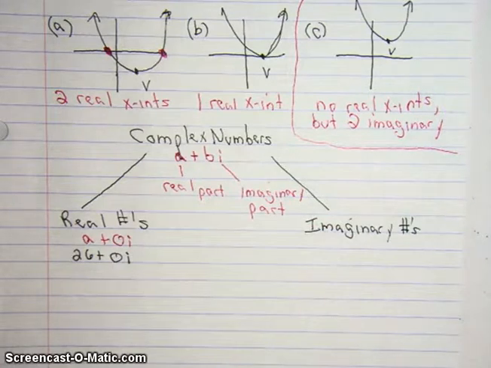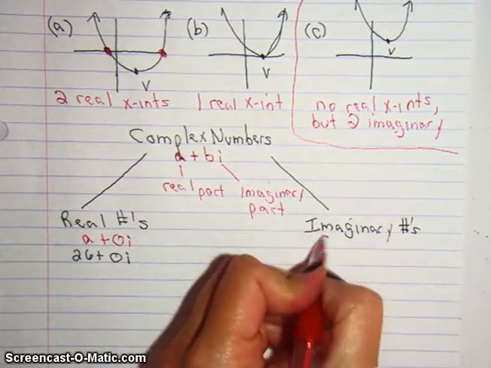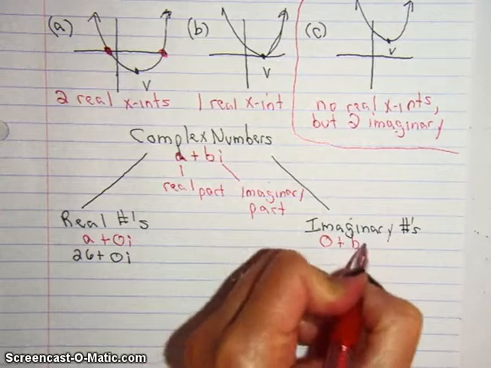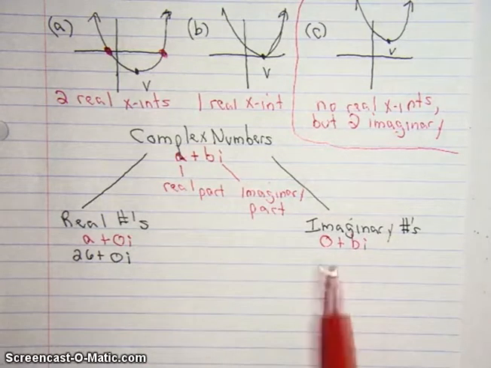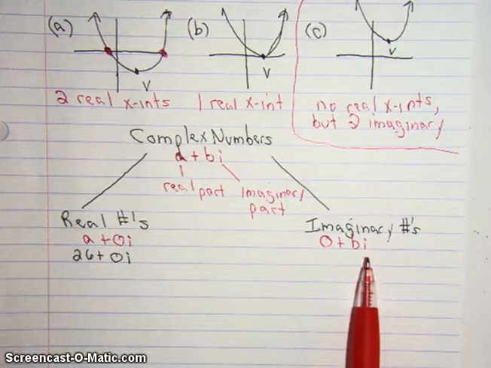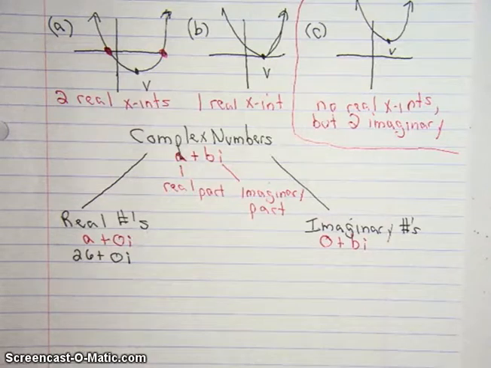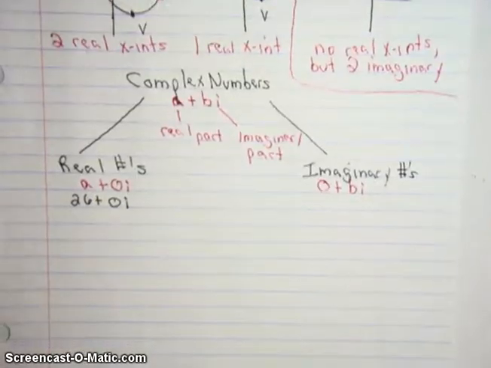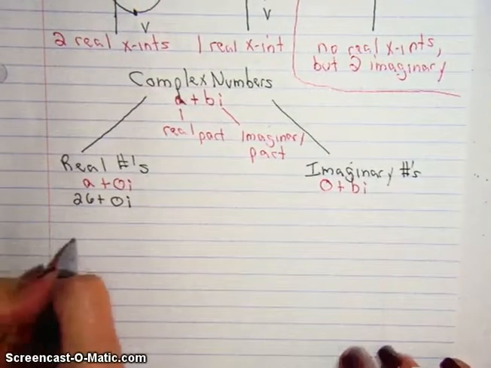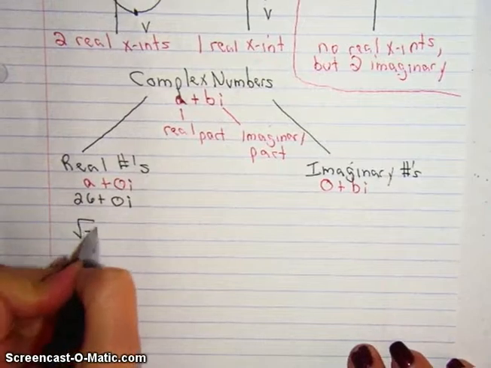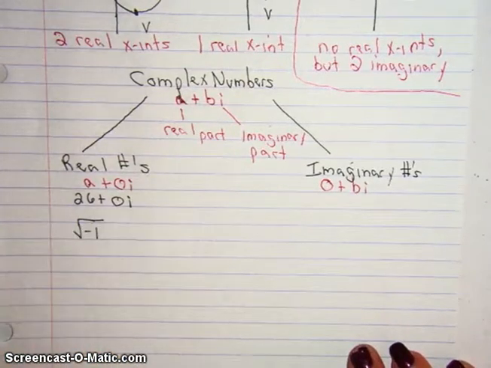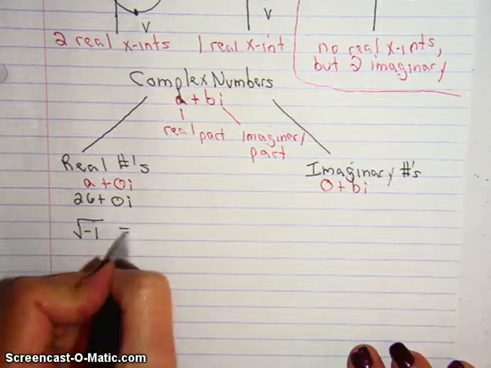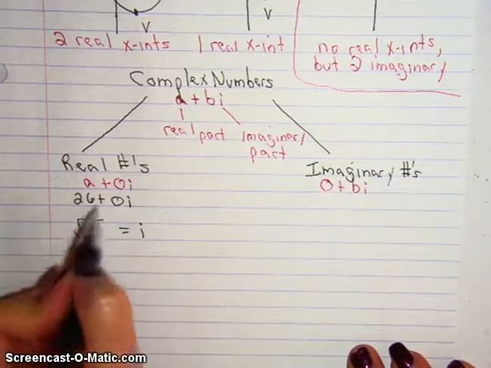Imaginary numbers are in this form: 0 plus bi, where there's no real part, just an imaginary part. Okay? All right, let's talk about the imaginary stuff. The square root of -1 is called i.